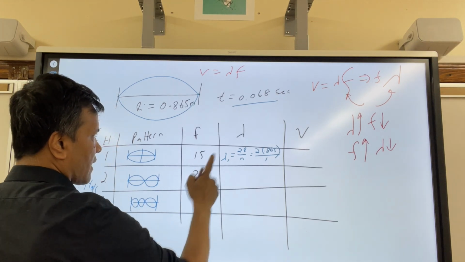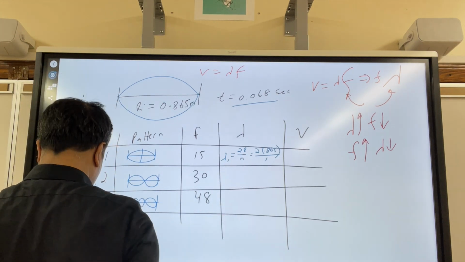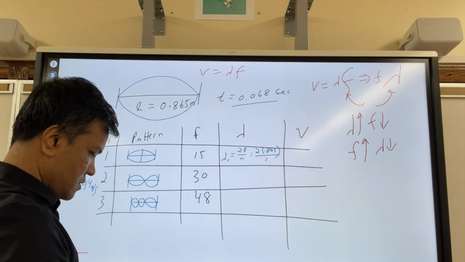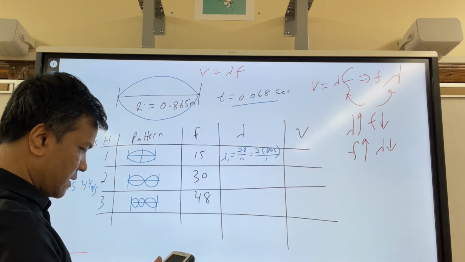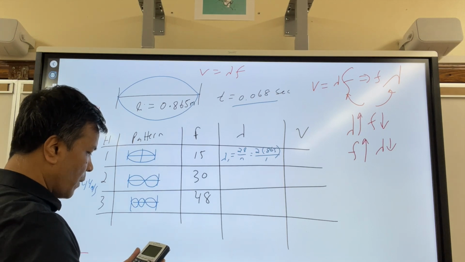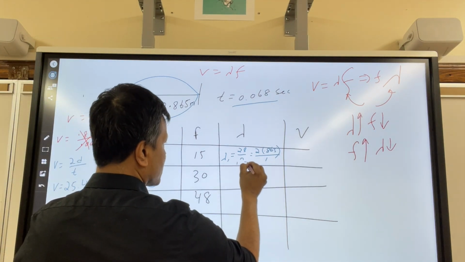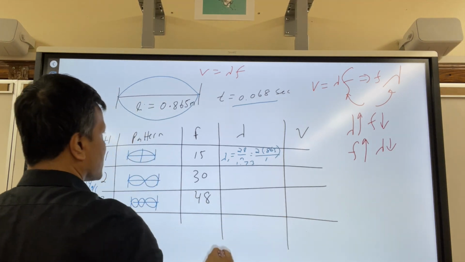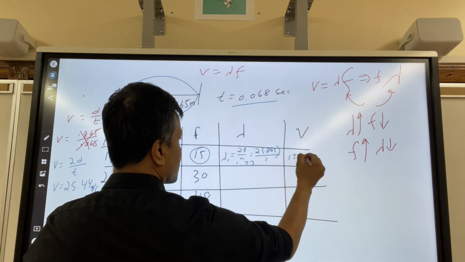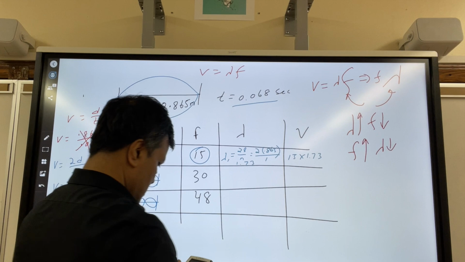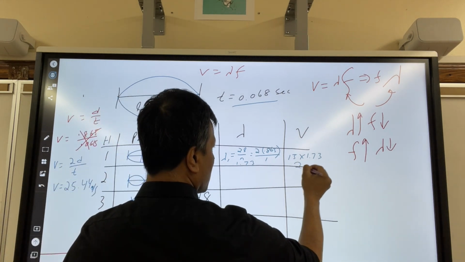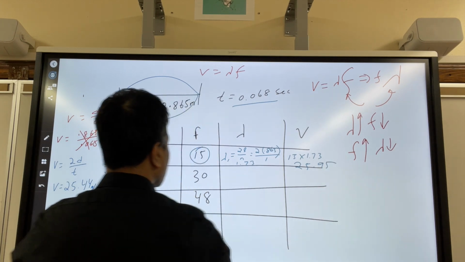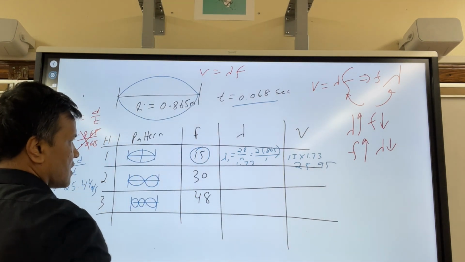So 2 times 0.865 is 1.73. The velocity is 15 times 1.73, and that would be 25.95. Okay, now let's do this one.